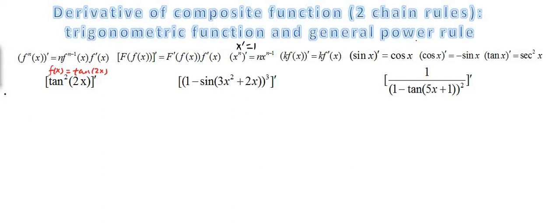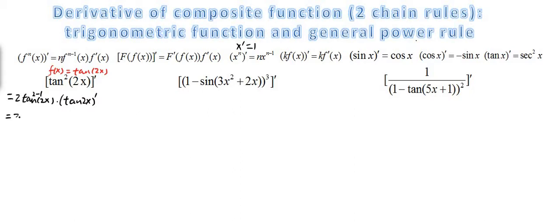So we have n is 2, tangent 2x to the power n minus 1, 2 minus 1, and times the derivative of f(x). f(x) is tangent 2x. Okay, now we can simplify it.